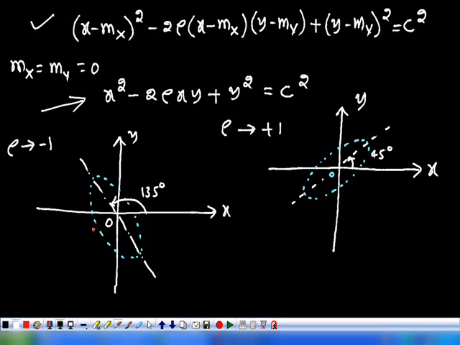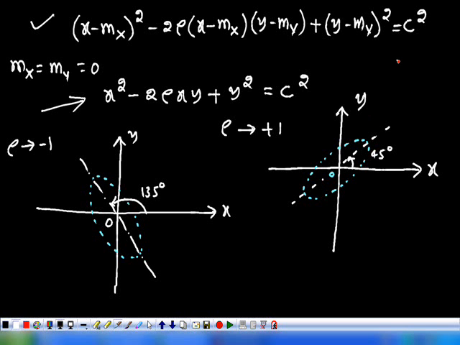In this case, when rho is tending to plus or minus 1, the two random variables are linearly dependent. That is the difference between case 1, case A and case B. In case A, we assume rho is 0. Here we assume rho is not equivalent to 0.